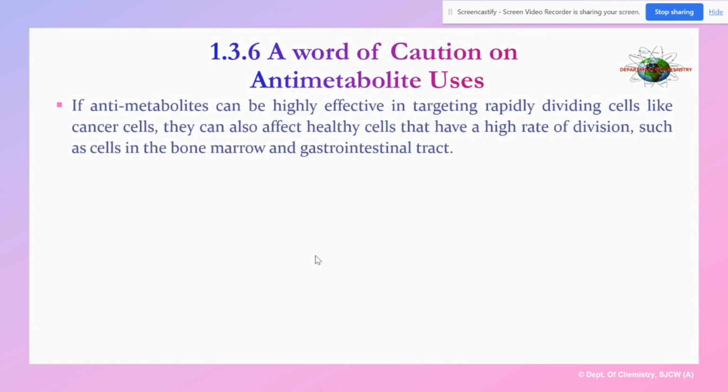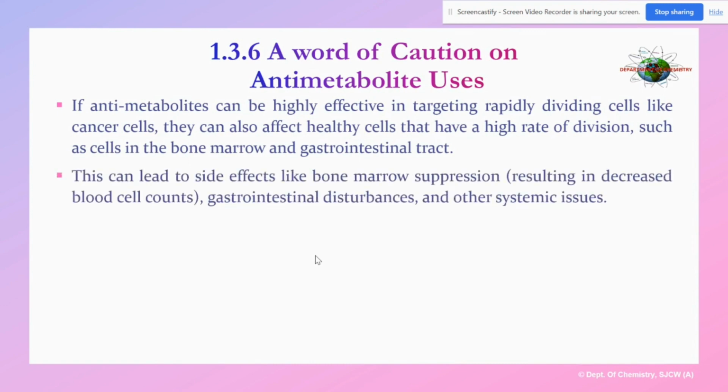So, we need to be cautious because they not only affect the cancerous cells but even healthy cells which undergo rapid division. This can lead to side effects like bone marrow suppression, gastrointestinal disturbances, and other systemic issues.